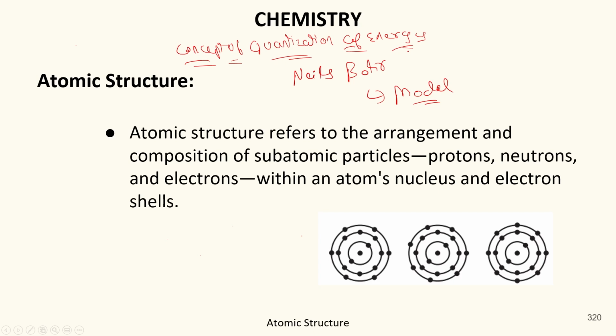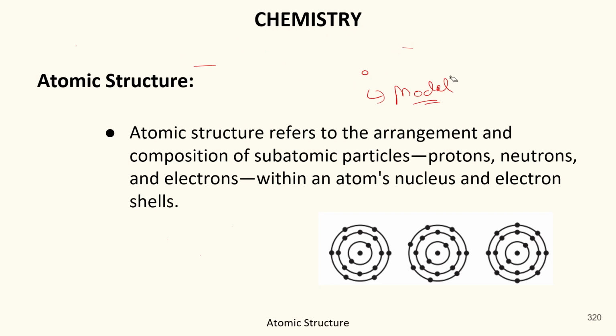So after the failure of the Rutherford model, as you can see in this picture, Bohr basically said that no doubt there is a nucleus in the center, and electrons, the outer ones, are revolving around it. So he explained two things. First, collapsion.